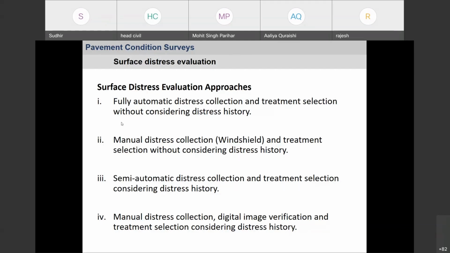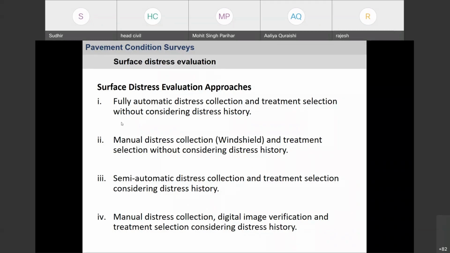Okay. So once I'm able to understand at what time the pavement will reach its threshold value for distress that I have decided, I would be able to calculate what is the remaining life of the pavement. Okay, that means the approaches in which the distress analysis and treatment selection is done considering the distress history usually will involve calculation of remaining service life.